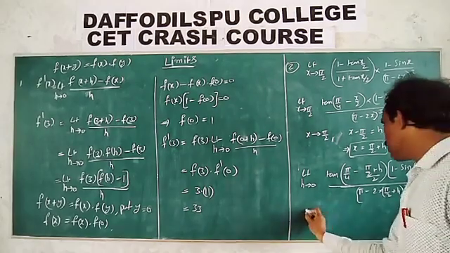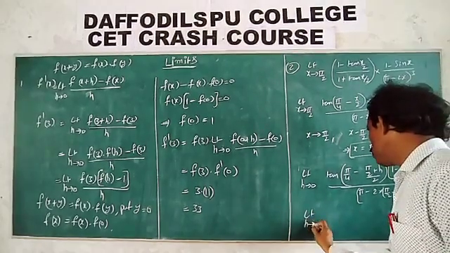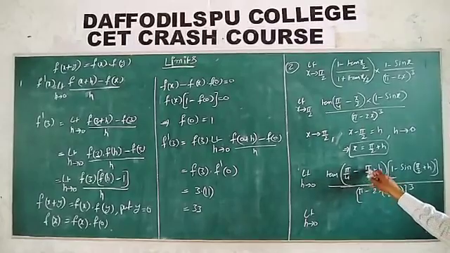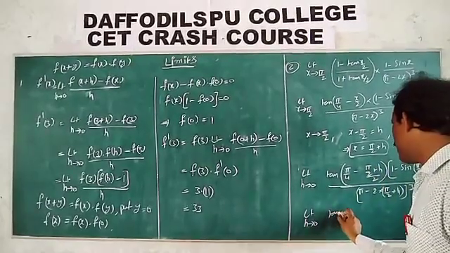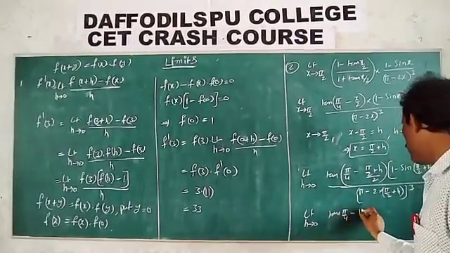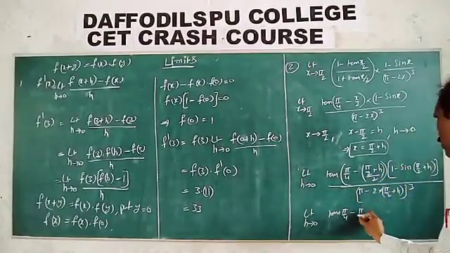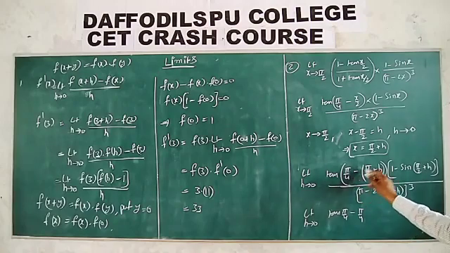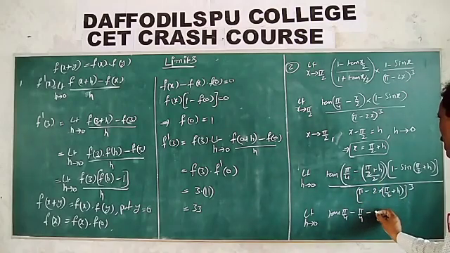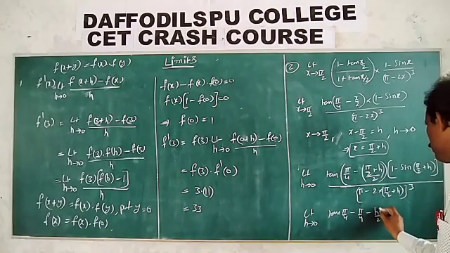Then limit h tends to 0, tan of pi by 4, taking the bracket inside, pi by 4 minus pi by 4 leaves minus h by 2.